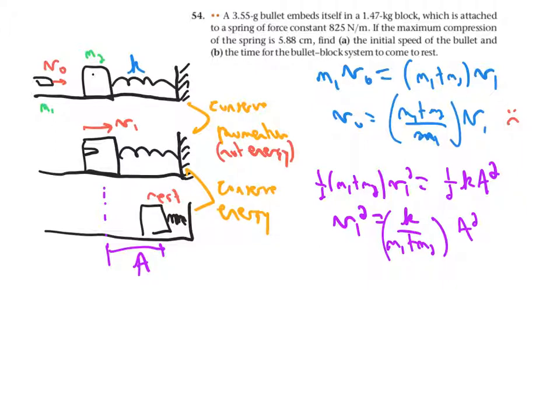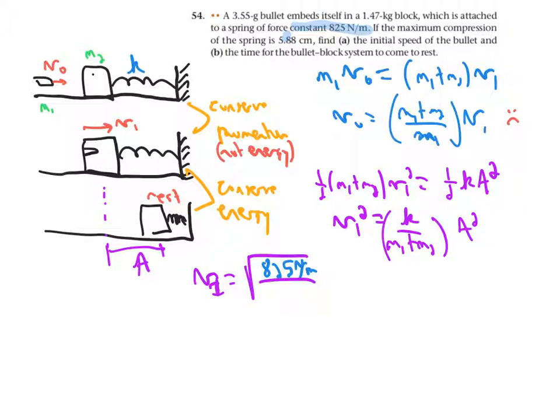So we say that v1 is the square root of the spring constant. Our spring constant is 825 newtons per meter.